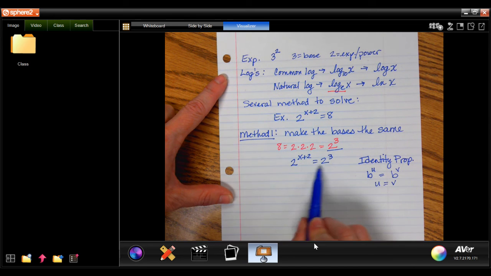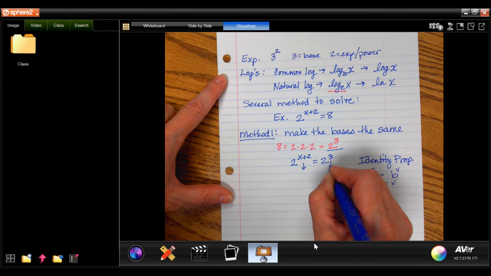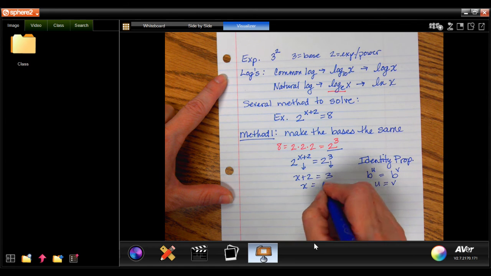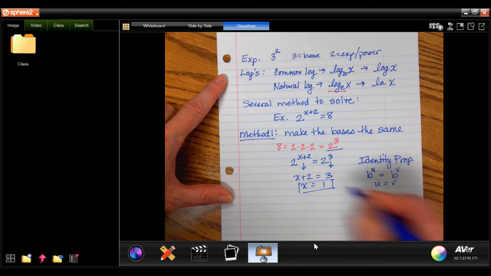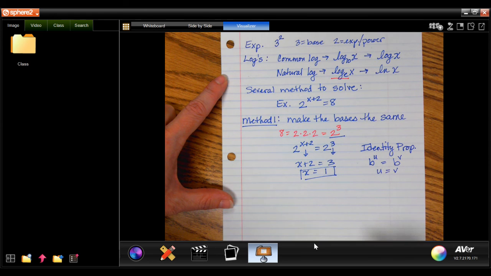And I can do that here. This is why it's my favorite. So the exponent comes down, exponent comes down. I have x plus 2 equals 3, and x equals then 1, because I would subtract 2 to the other side. This is truly my favorite if I can make it happen.